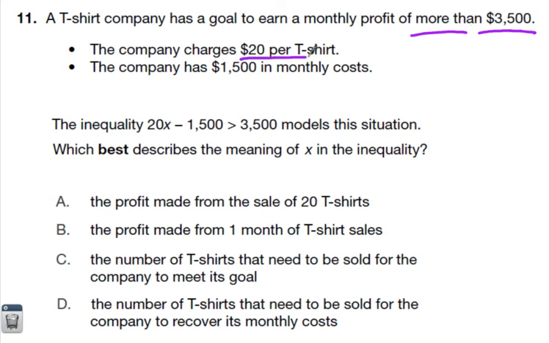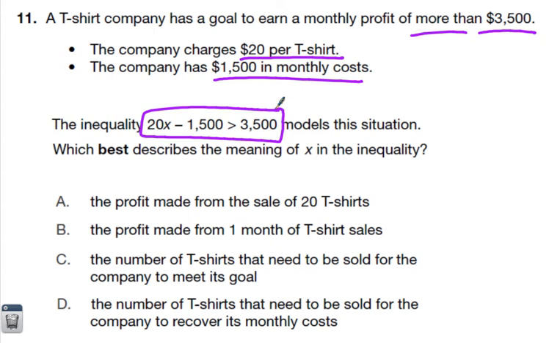And charges $20 per t-shirt and has $1,500 in monthly costs. And they go ahead and they give you this inequality saying 20x minus 1,500 is greater than 3,500, and that models the situation.